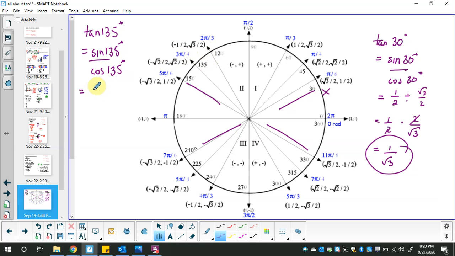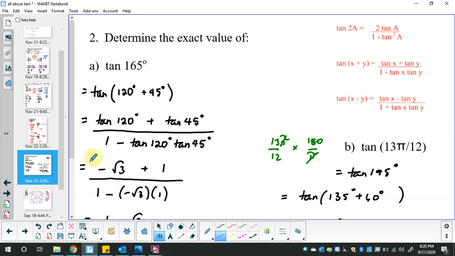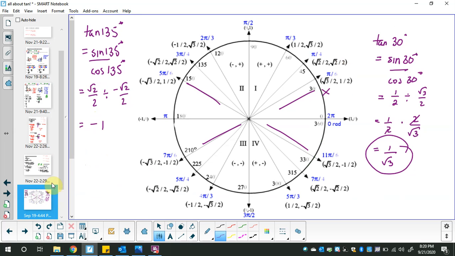Sine is the second one, divided by cos is the first one. Those are identical values, except one of them's negative, so this answer is a -1. And then the other number I chose was 60. And at some point, if you feel like skipping steps, you can, because this is just generating information for a larger question.